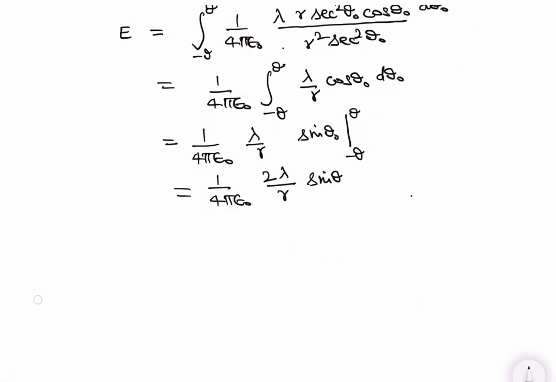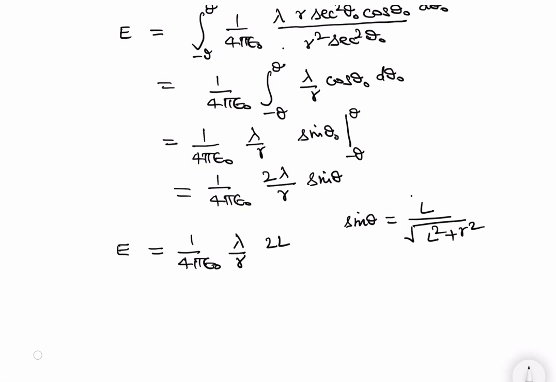From the figure, sin theta is equal to L by square root of L square plus R square. Therefore, the electric field intensity becomes 1 by 4 pi epsilon naught lambda by R, 2L by square root of L square plus R square.